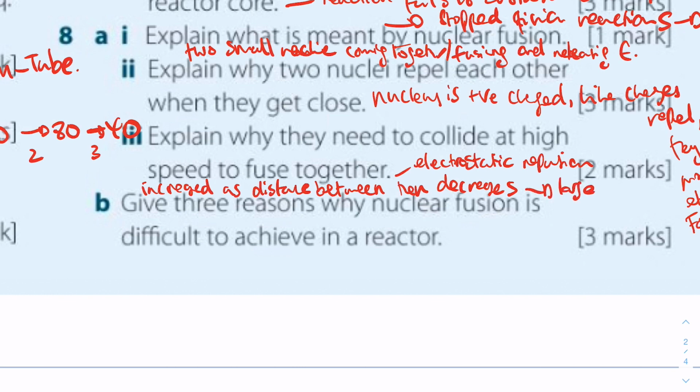Large electrostatic repulsion needed to be overcome.